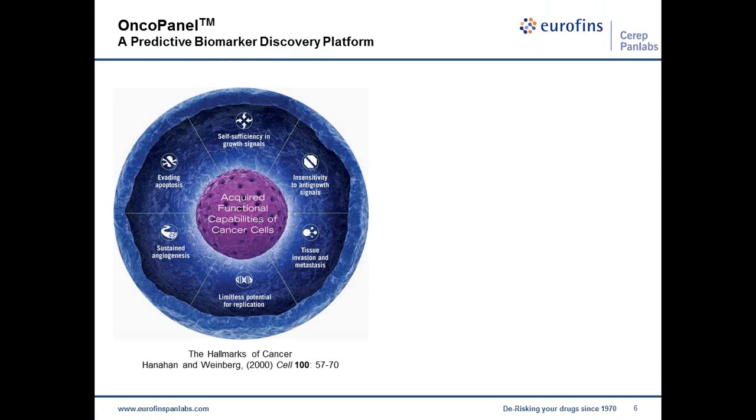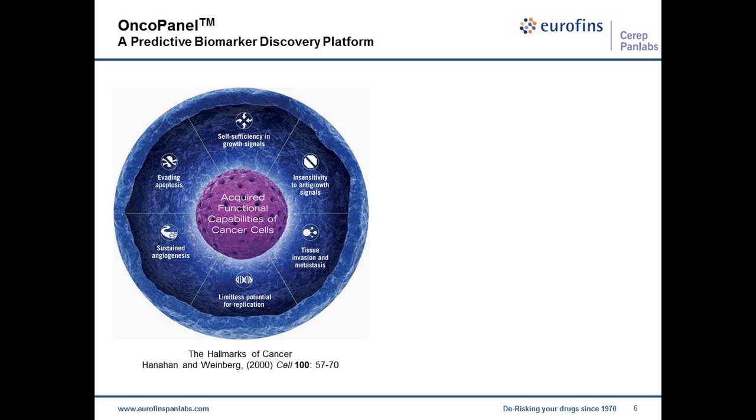Okay, so if there's only one message to be taken away today, it's that Oncopanel is a predictive biomarker discovery platform, and perhaps this is easier to appreciate by first considering that cancer results from the acquisition of a particular kind of genomic alteration.